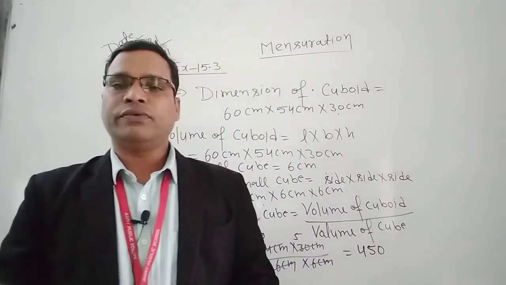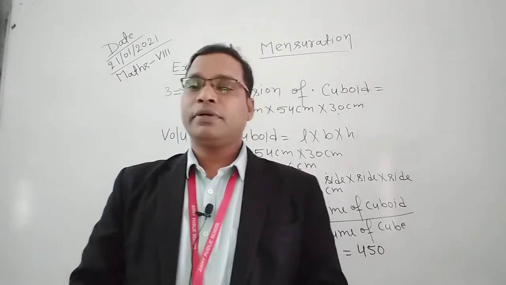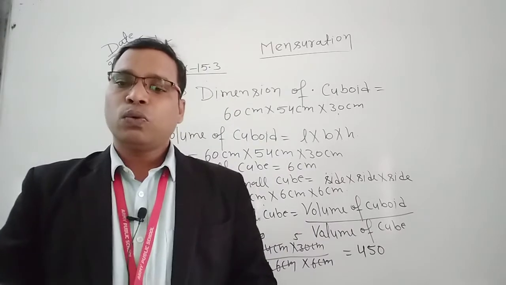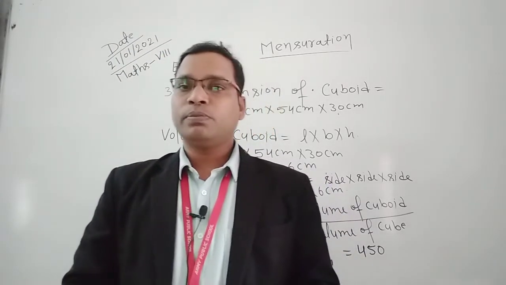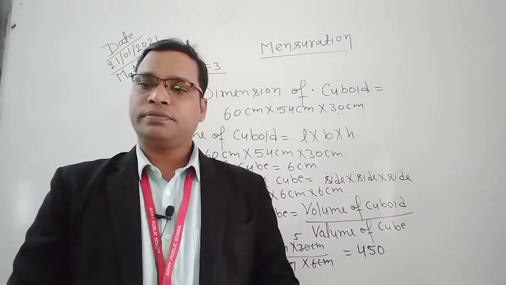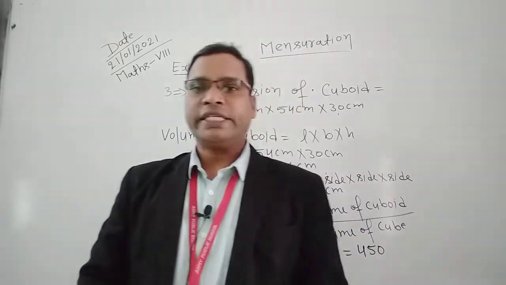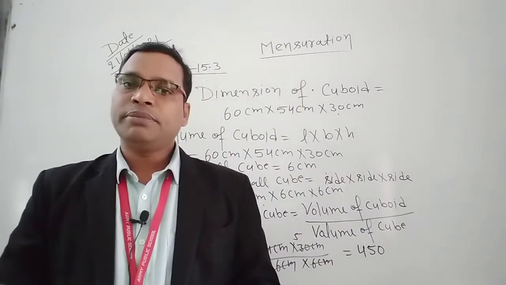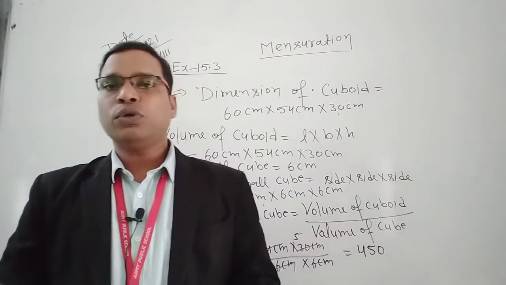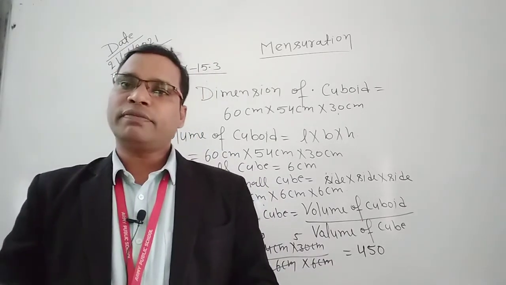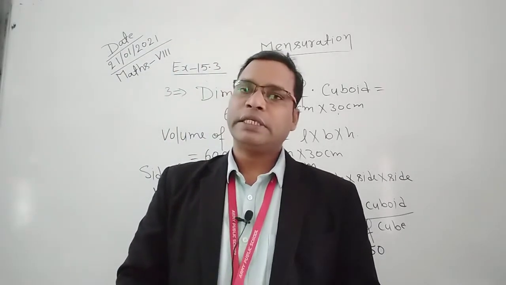Now we are going to discuss the next question. Question number 4: find the height of the cylinder whose volume is 1.54 meter cube and the diameter of the base is 140 centimeters. I repeat this question again.